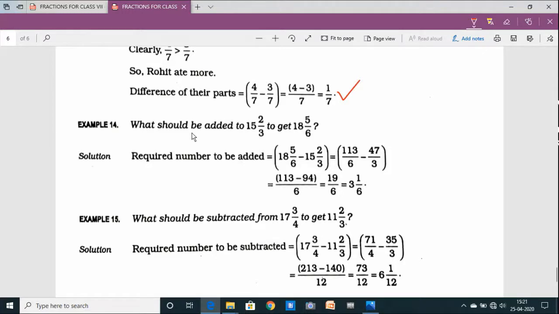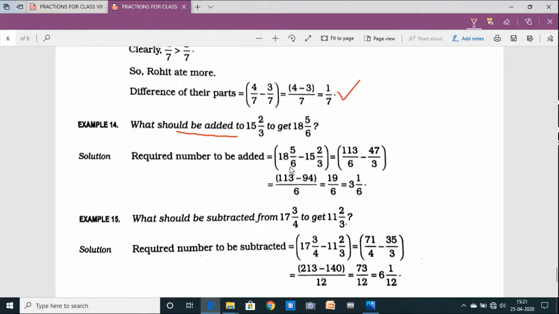Because here, suppose we add x to this number, it becomes 18 whole 5 by 6. It means this is the sum of both numbers. So the sum of both numbers minus the given number gives you your required number.